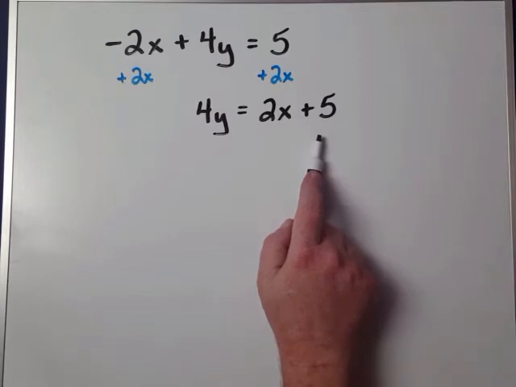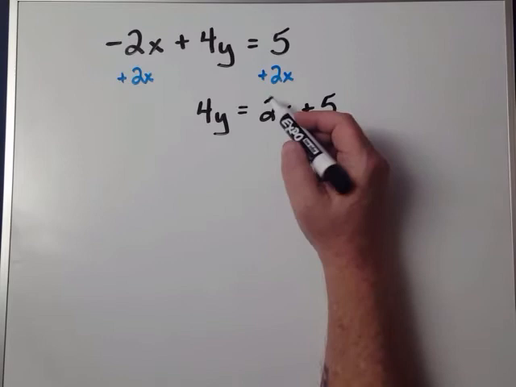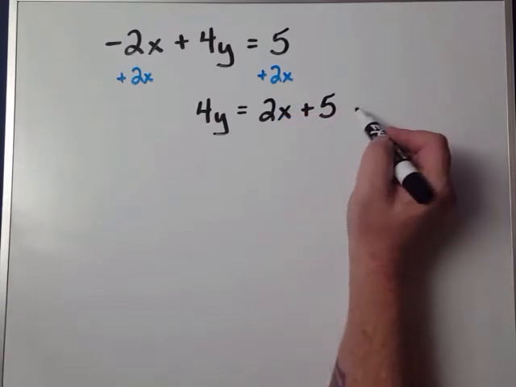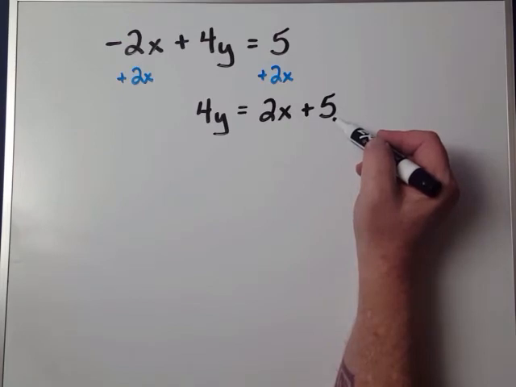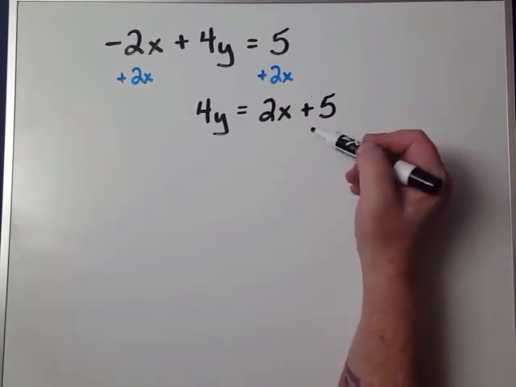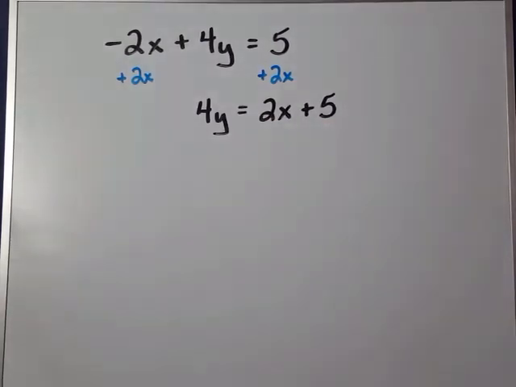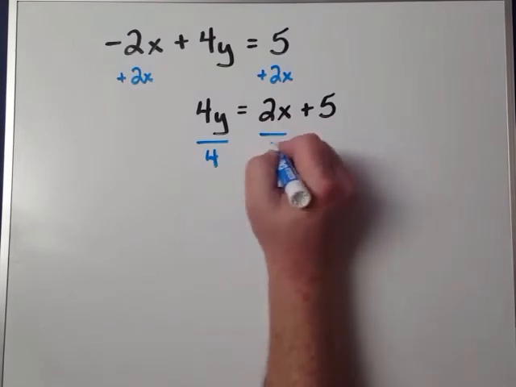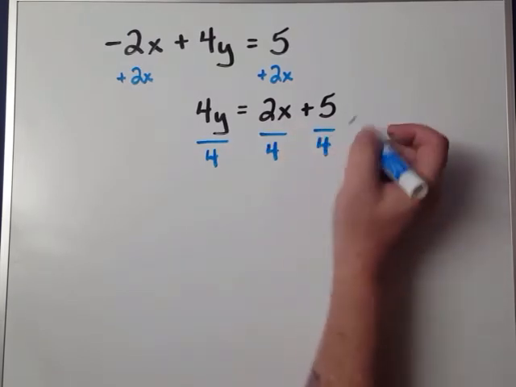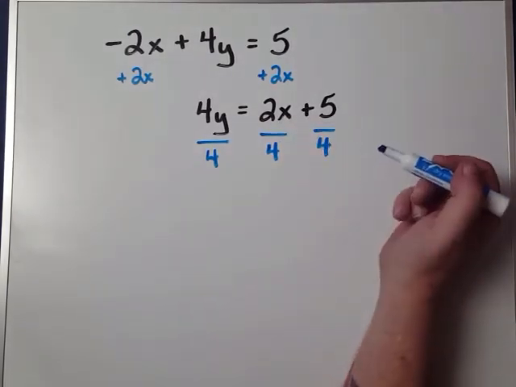If I were to multiply both sides by 1/4, I would distribute that 1/4 to each of the two terms here on the right. To divide both sides by 4 is to divide every term by 4, because we're actually distributing that division.